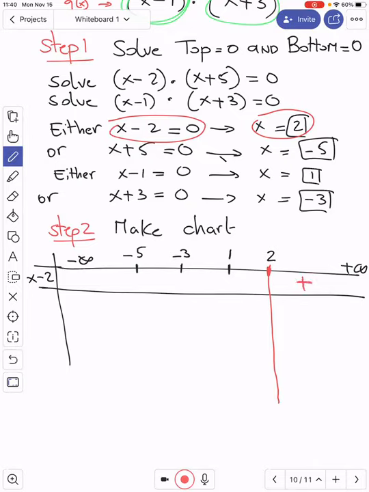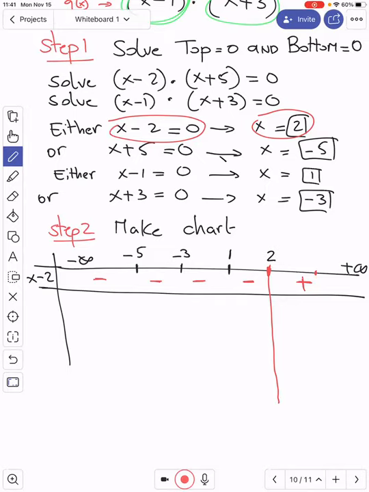And on the left side of this red line, which represents x equal to 2, it's going to be negative. So if you pick a number on the right side of 2, like 10, 10 minus 2 is going to be positive. If you pick any number on the left, x minus 2 is going to be negative.